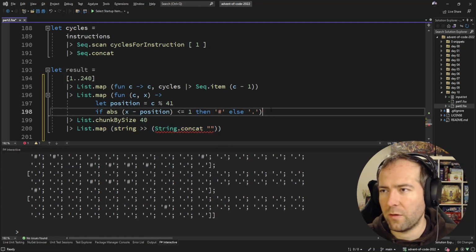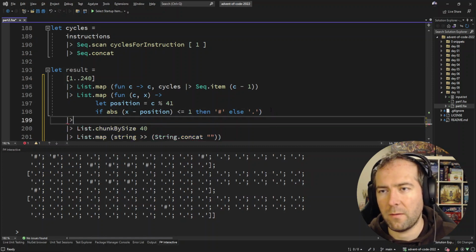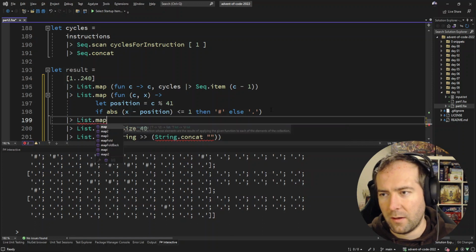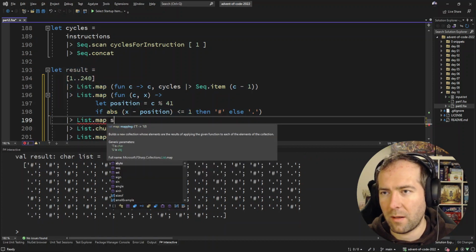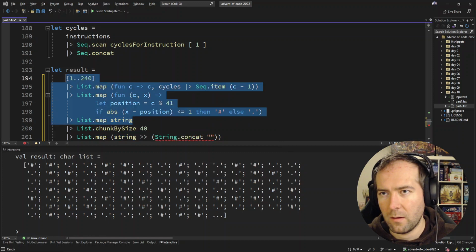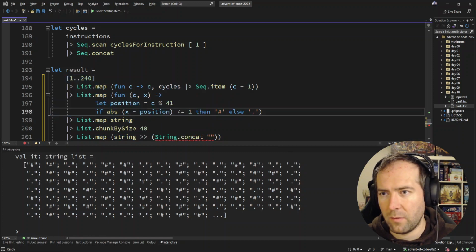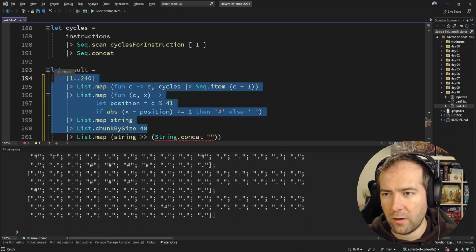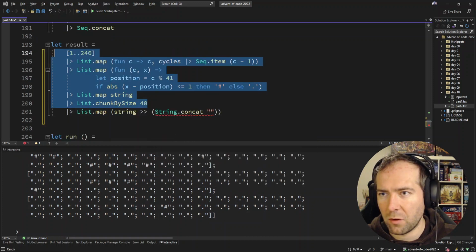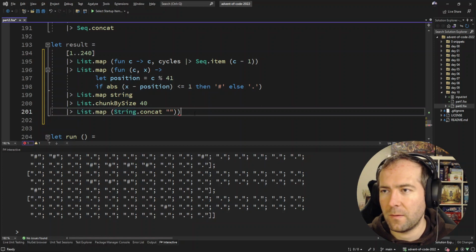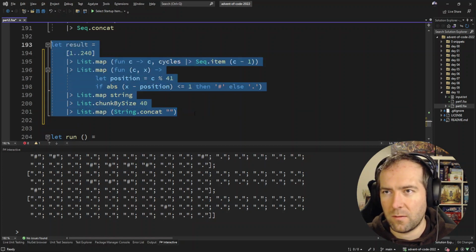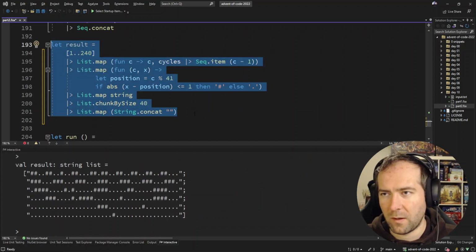Or we can do the string thing before we chunk, right? So for every character, this is a very long list, so then we can map to string. Yeah, and then we can chunk into rows of 40. Yeah, and then for every row, we can concat. That was more what I was trying to achieve here. And that should give us something nicer.